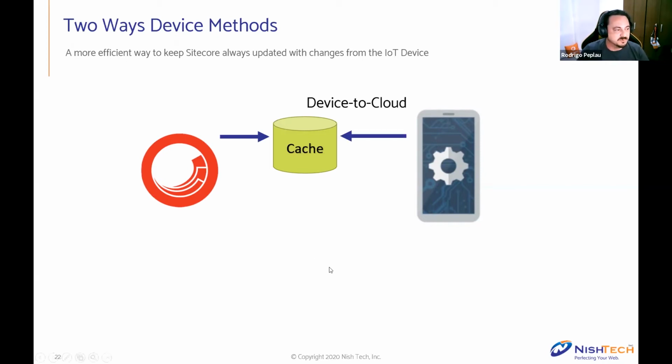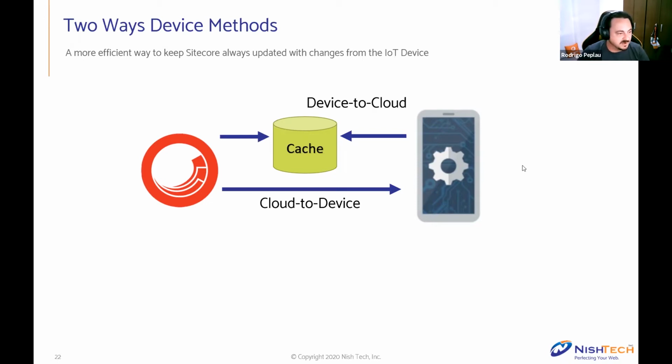Otherwise, Sitecore will request a call to the device. And the device can also keep the cache updated, and that's the important factor here. By using a device to cloud, the device can keep the cache updated. If the cache is empty, Sitecore will send a cloud to device request and fill the cache.